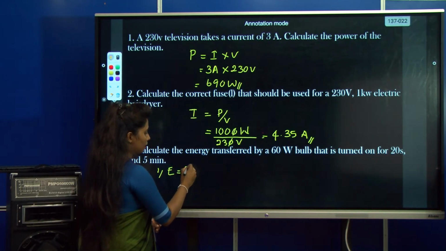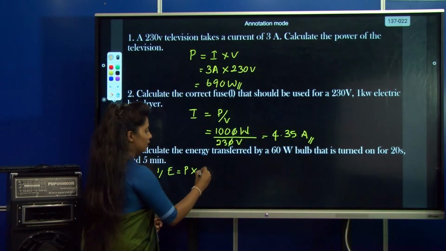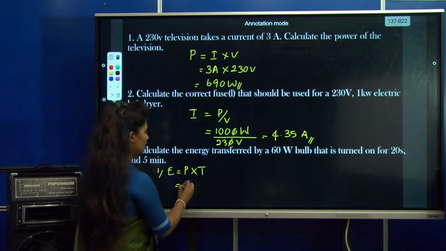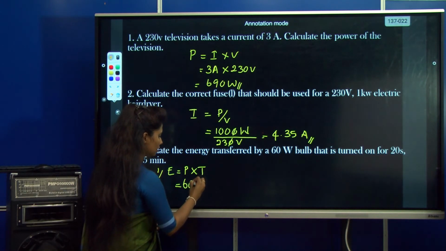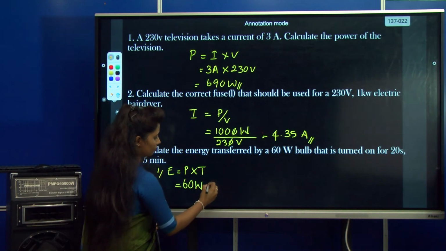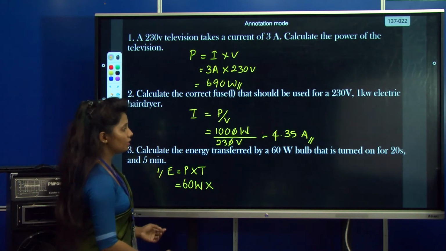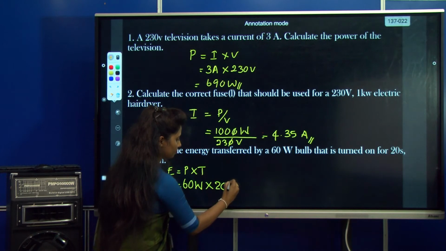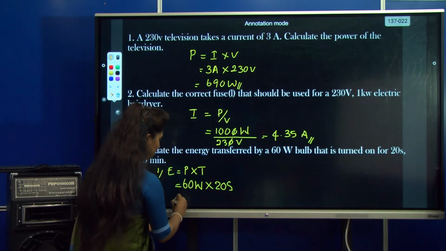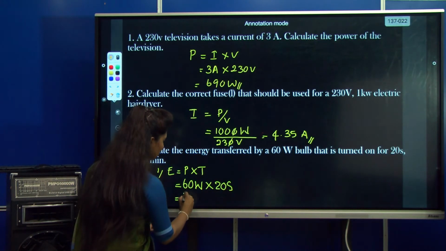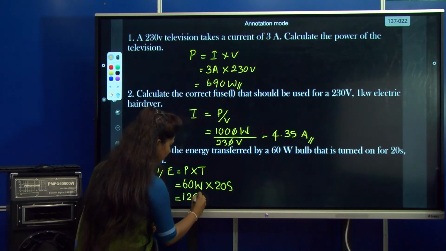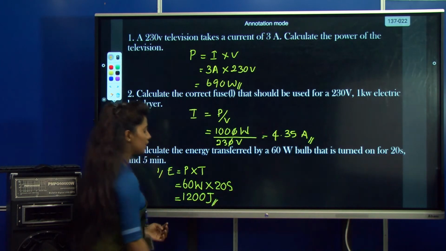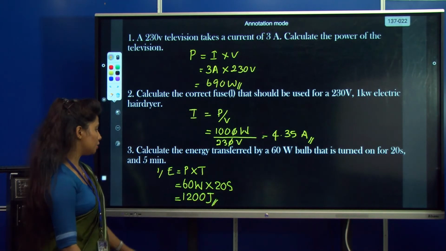Energy equals P multiplied by T. The power is 60 watts, multiplied by the time, 20 seconds. 6 into 2, 120. We will get the final answer in joules.